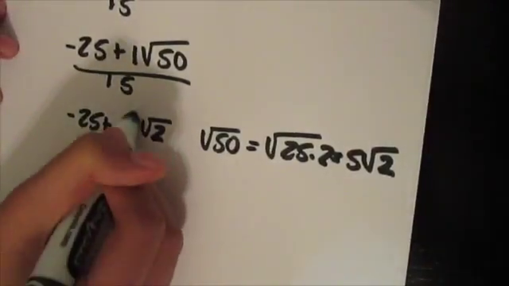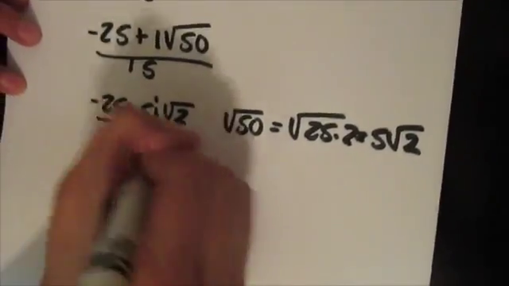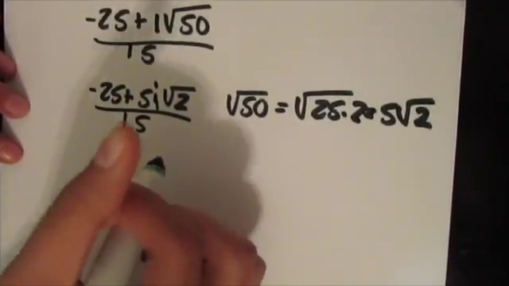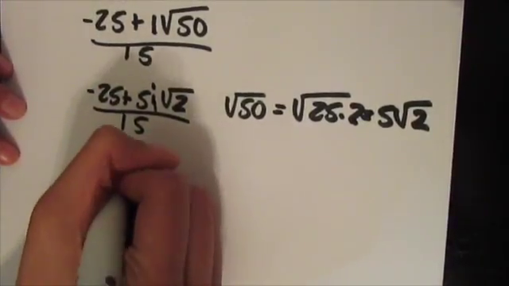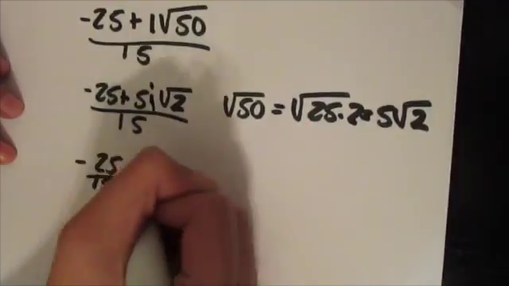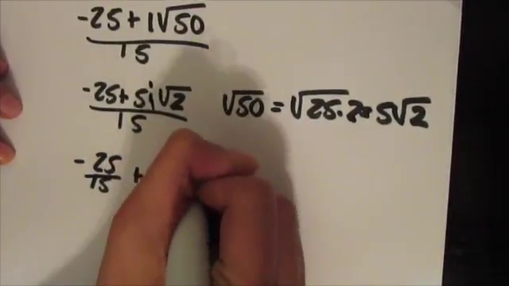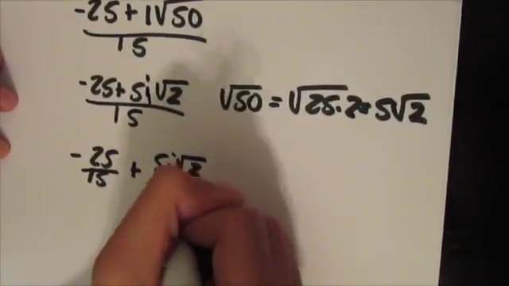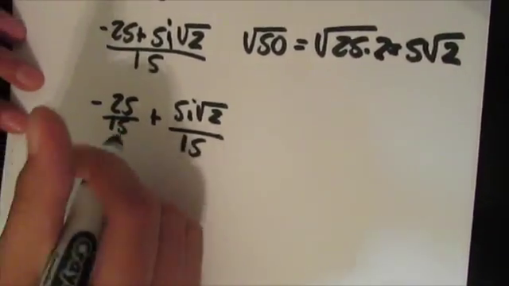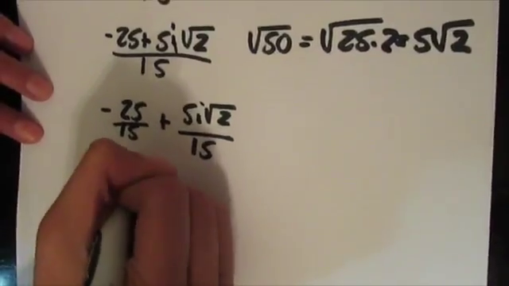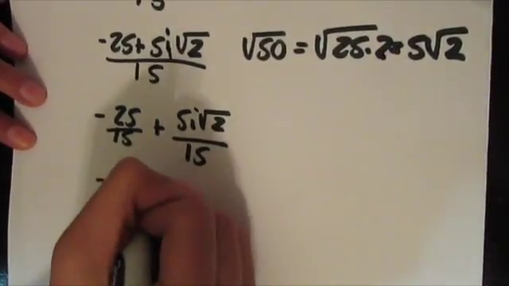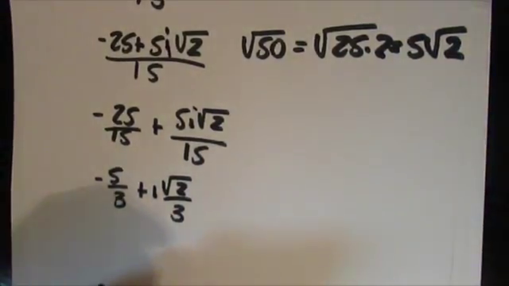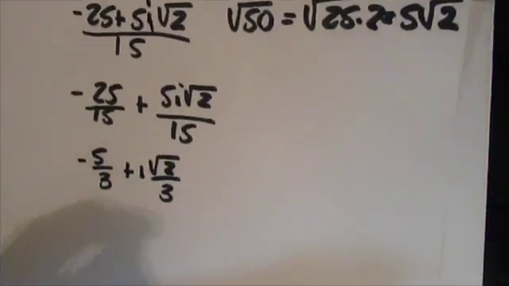All of this is over 15. Once we write this in standard form, it will be negative 25 over 15 plus 5i radical 2 over 15. So our final result would be negative 5 over 3 plus i radical 2 over 3. That's a simple operation involving complex numbers.